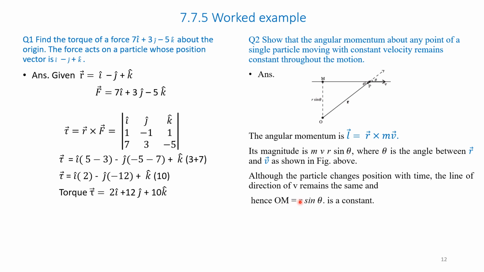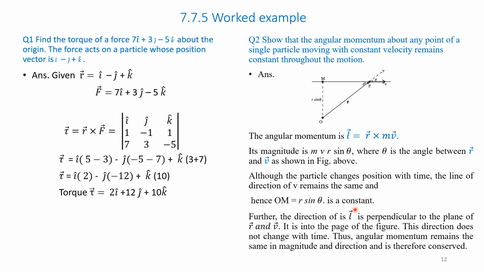Hence, OM equal to r sin theta is constant. Further, the direction of L is perpendicular to the plane of r and v. So the plane of r and v is this, and the direction of angular momentum L is into the paper. The direction does not change with time. Thus, the angular momentum remains the same in magnitude and direction and is therefore conserved.